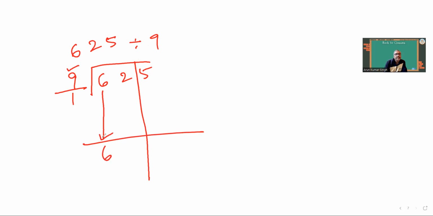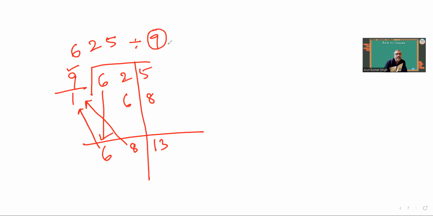So 6 is there. 6 into 1 is 6. So 2 plus 6 is 8. And here 8 into 1 is 8. So 8 will be added here. So now 8 plus 5 is 13, which is more than 9. My remainder cannot be more than or equal to the divisor.